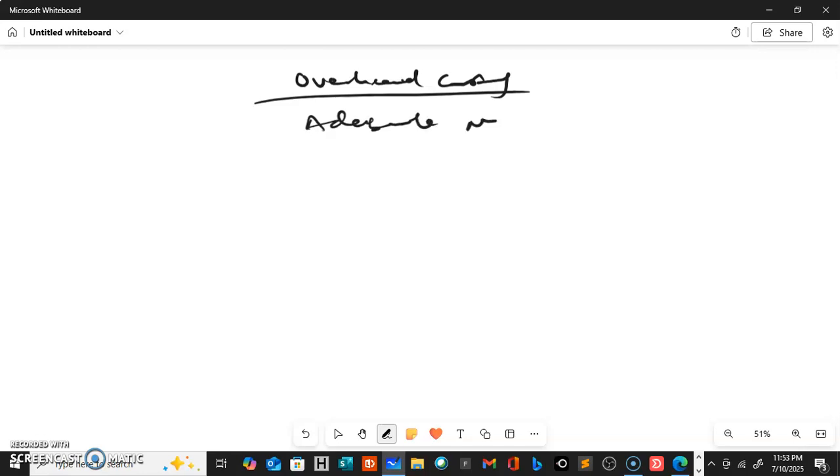Based on the question that we have, I'll try as much as possible to cover within 15 minutes. So overhead costing. So we have Adibowale Nigeria Limited.